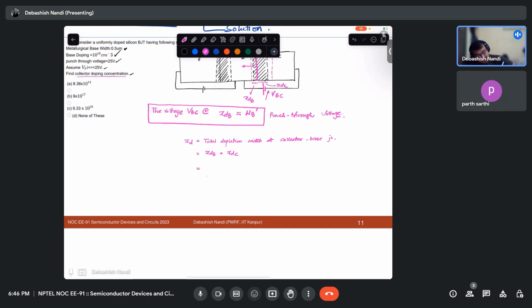From PN junction theory, it is 2 epsilon S, the built-in potential phi Bi plus the reverse bias voltage VBC, over Q, times 1 over Na plus 1 over Nd, or in this case 1 over NB plus 1 over NC.